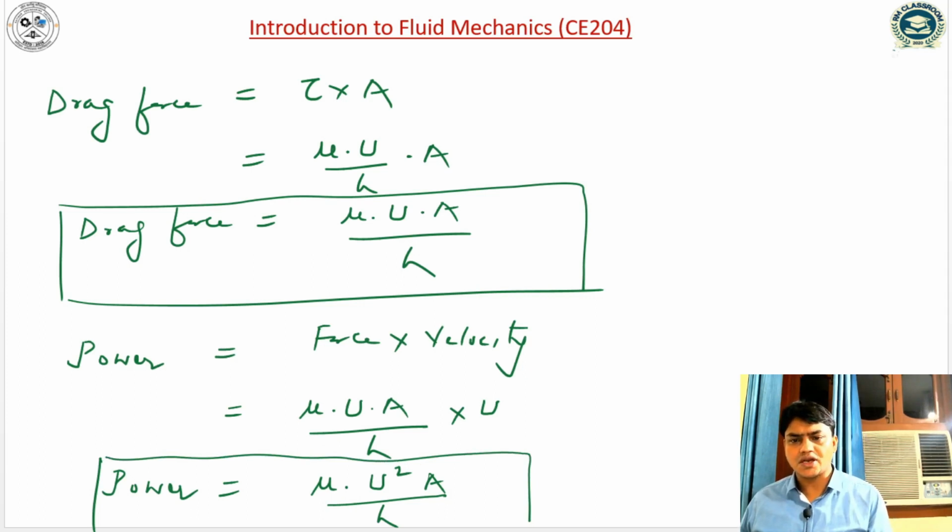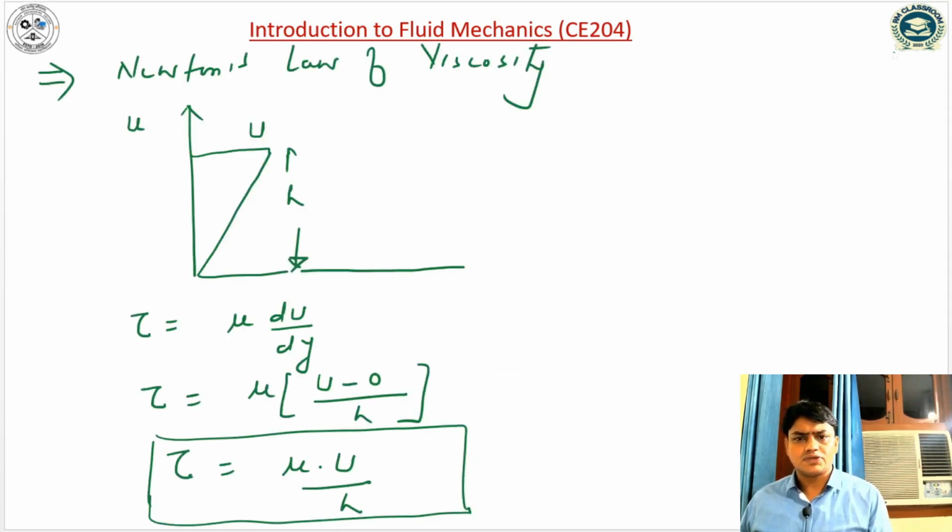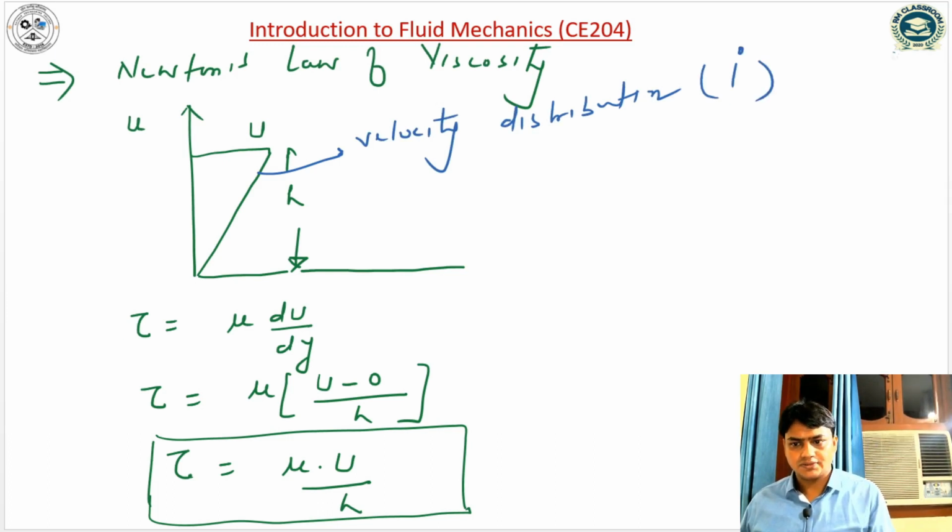This is the linearization of Newton's law of viscosity. If the distance between two fluid layers is very small, the velocity distribution can be linear, first degree.